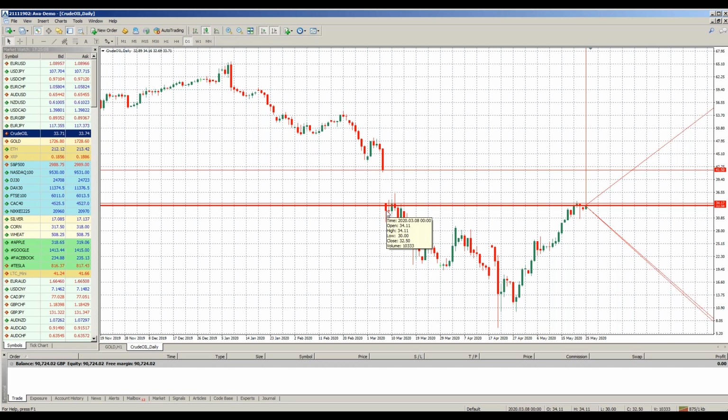Okay, it's already creeped above that gap price just now, today. But I would be looking at last week's high to be significant to me. What's significant to you could be something different. But last week's high on this candle here was 34.6.